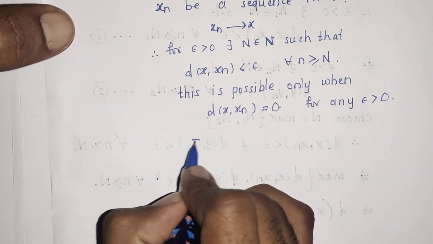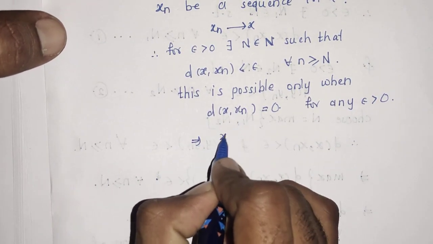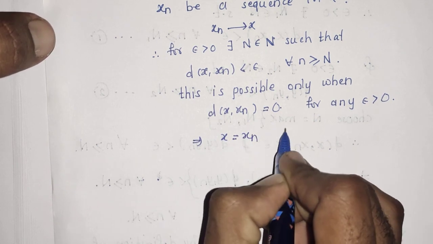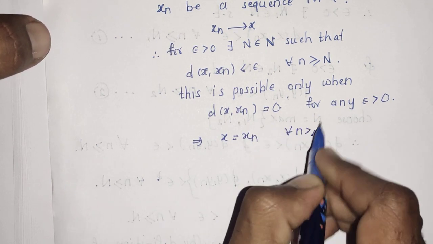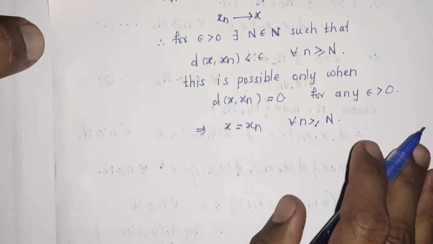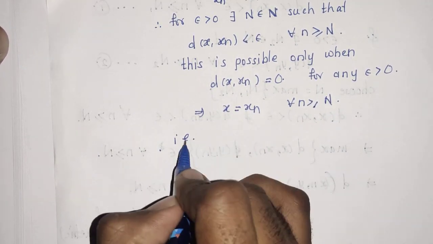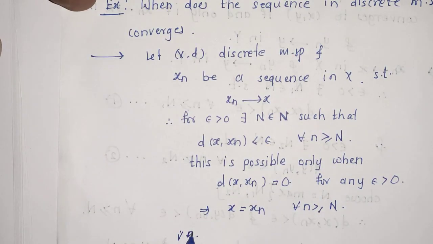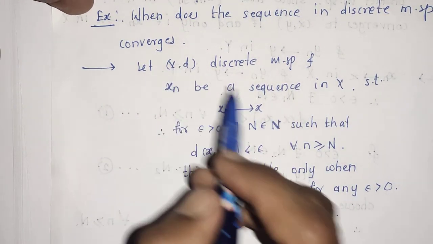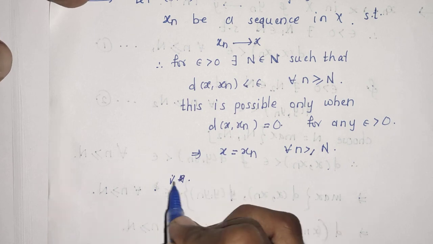So this implies the distance of x and xn is equal to 0, which means x is equal to xn for all n greater than or equal to N, that is, all the terms except finitely many points. So a sequence in a discrete metric space is convergent only when x is equal to xn.